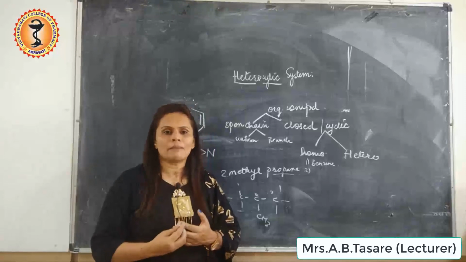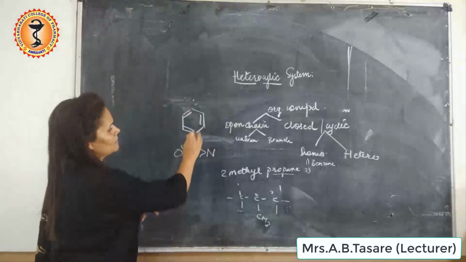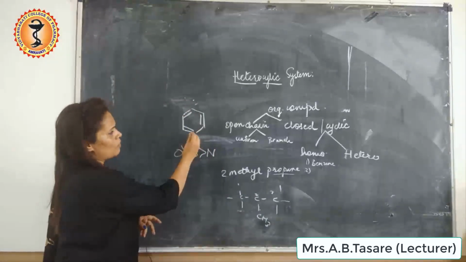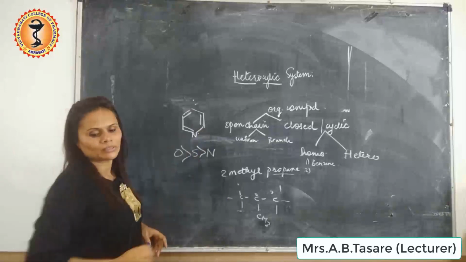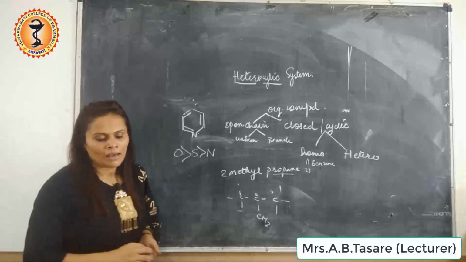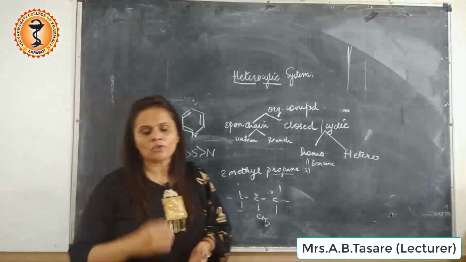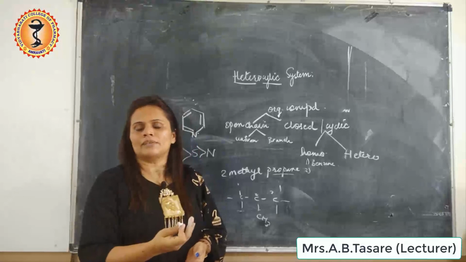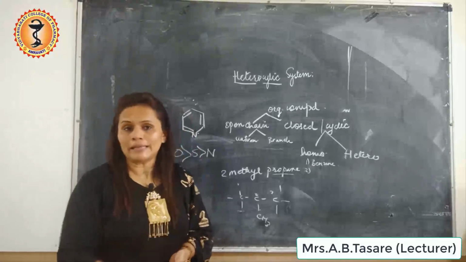When I say pyridine, if I replace a carbon moiety with nitrogen, that is called pyridine. And if I introduce more than one nitrogen atom, that will be pyrimidine.